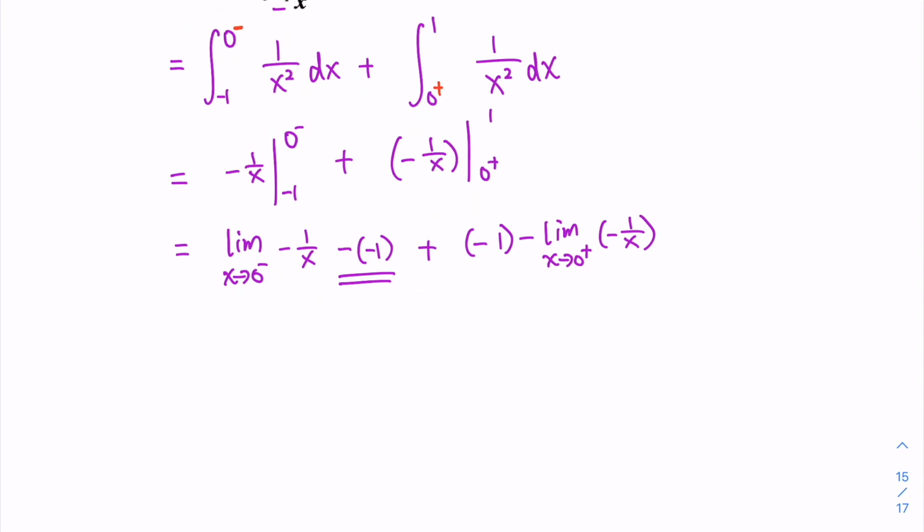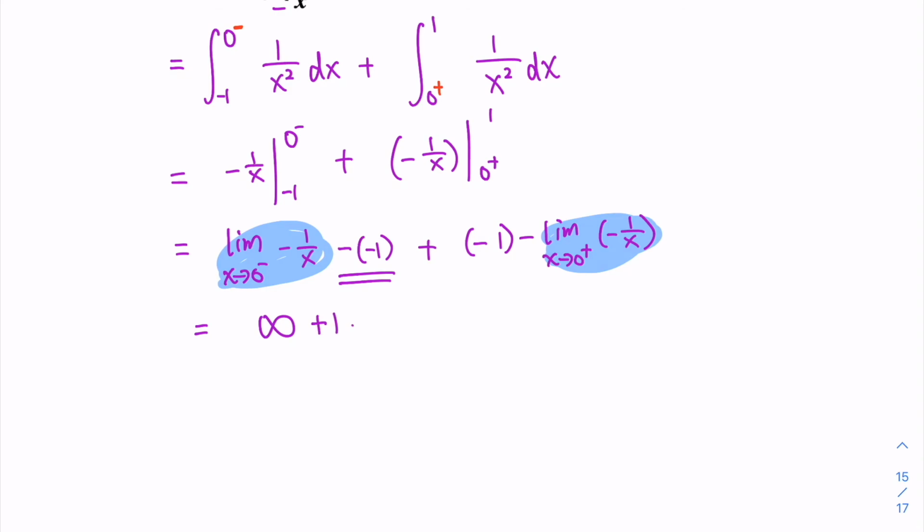Now we have to deal with these two limits here. The other two numbers are constants, we don't have to worry. As x goes to 0 minus, we plug 0 in, that gives us infinity. However, 0 minus approaches 0 from the left, so x is negative. When x is negative, negative over negative gives us positive, so our answer will be positive infinity.